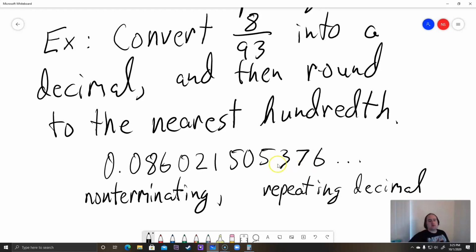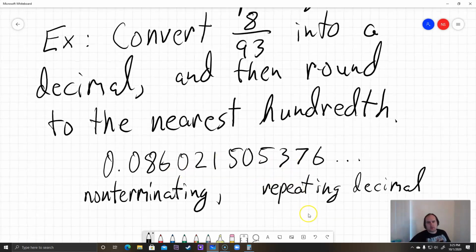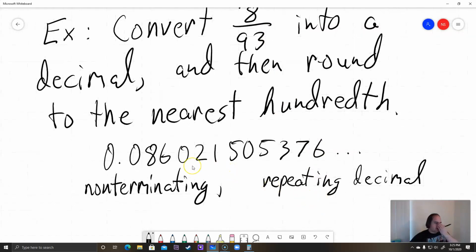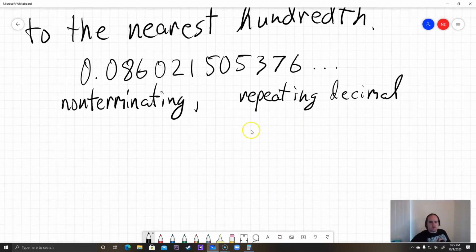The reason it's a repeating decimal, even though we can't see it repeating, is that any number that's represented as a fraction is automatically a repeating decimal. It seemed to me like there was no pattern, but there probably is a pattern. It's just very, very long. So again, how do we know it's repeating?